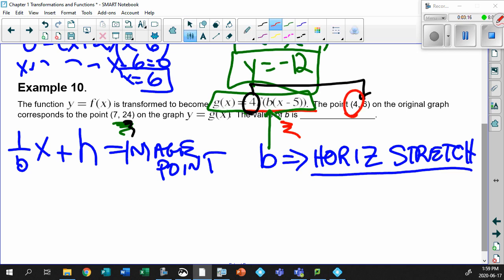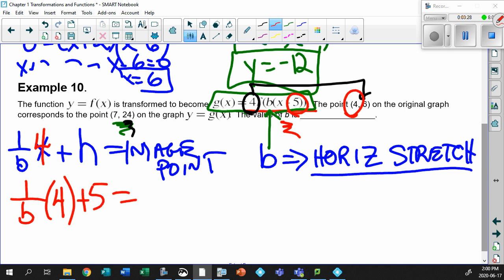There's 4. We don't know what b is. So there's 4. What's your h? Your h is 5. Plus 5 has to give us a new image point. What's the image point? Our image point is 7. Perfect. It's actually pretty easy to solve. So let's solve.